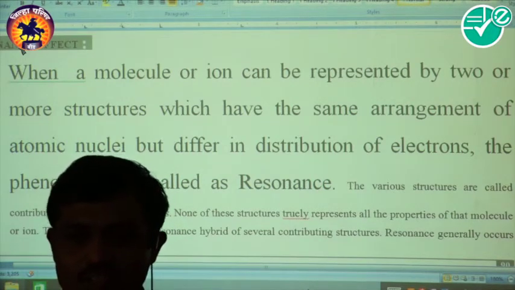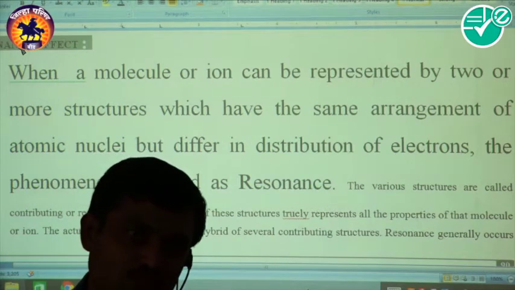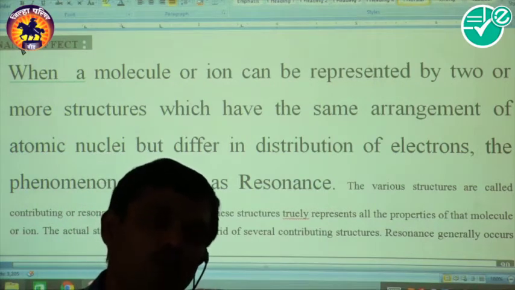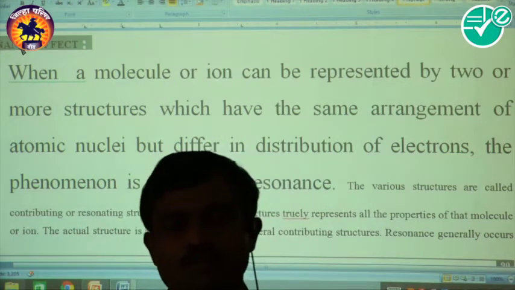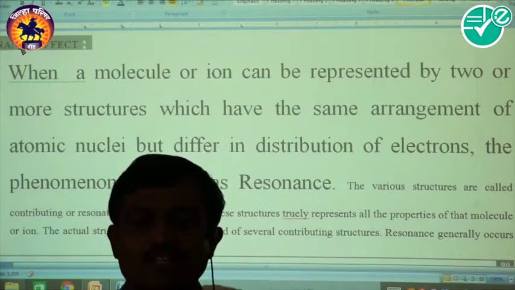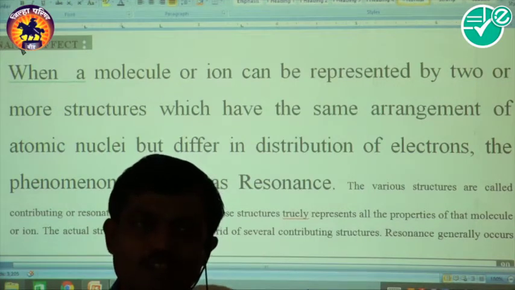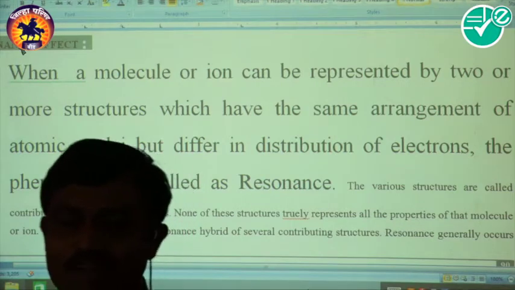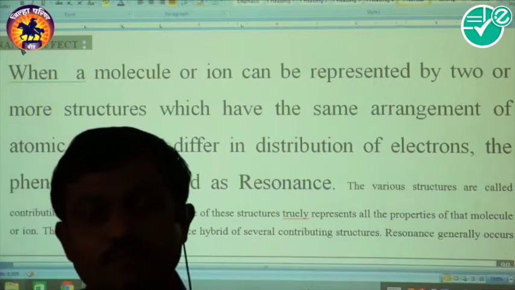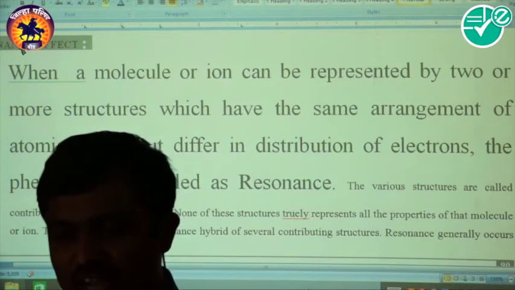Those structures are called resonance structures, and the average of these various structures is called the resonance hybrid.